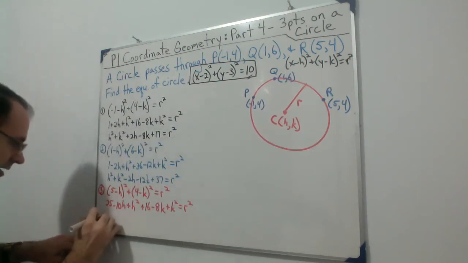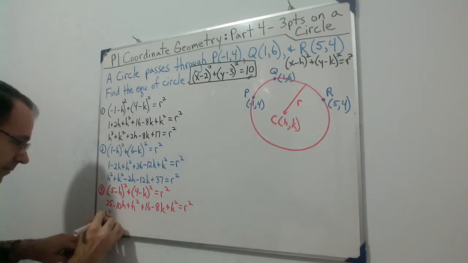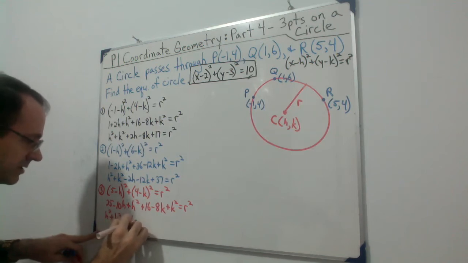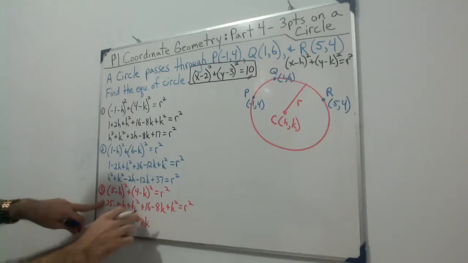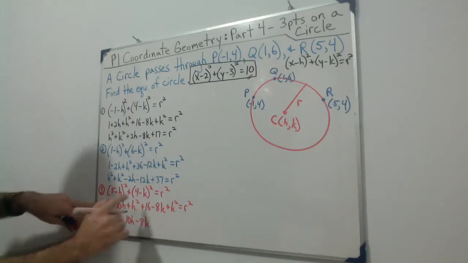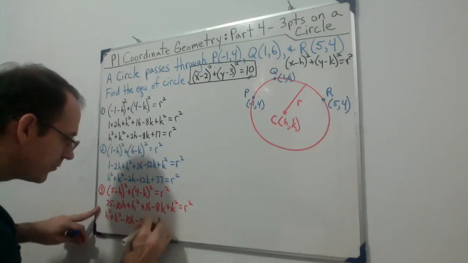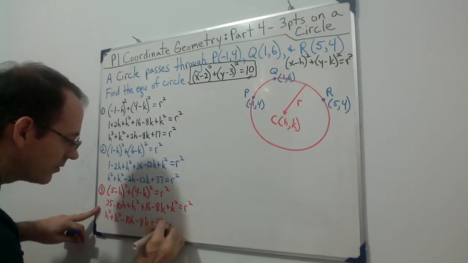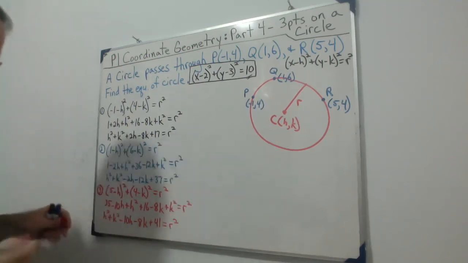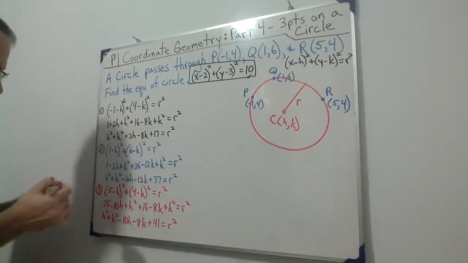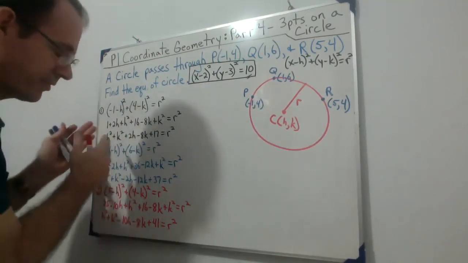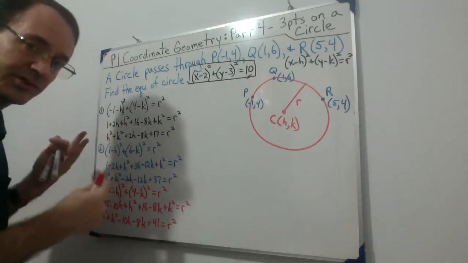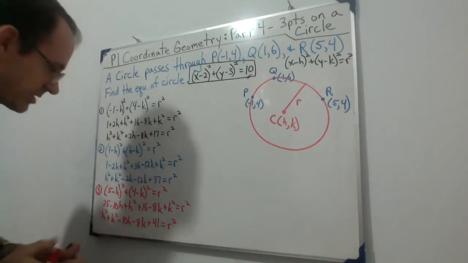And so we put it together and we get h squared plus k squared minus 10h minus 8k, 16 and 25, that's 41, equals r squared. So I just put them in the normal decreasing exponential order with the x value first, which is the h, and then the y value, which is the k.